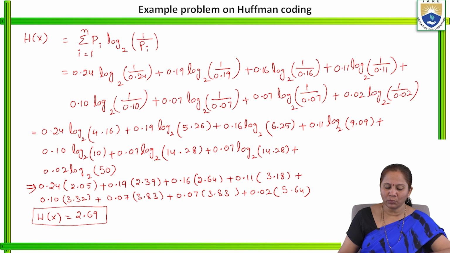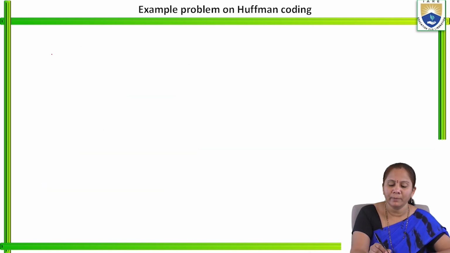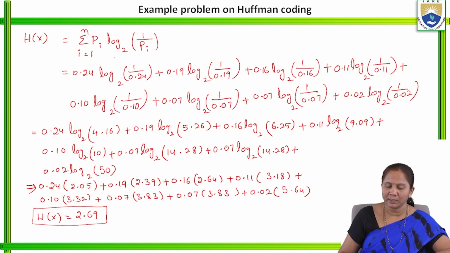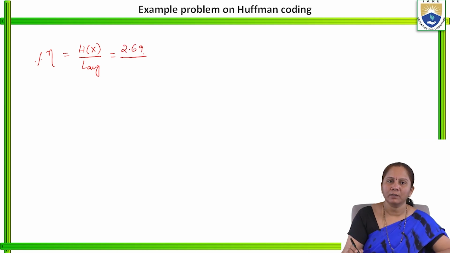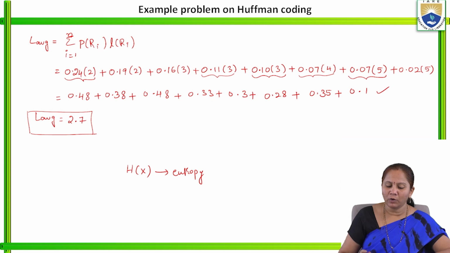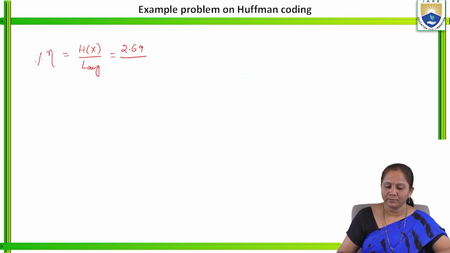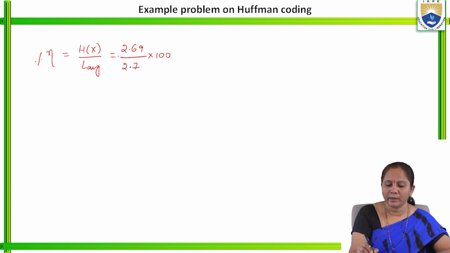Using these two we have to find efficiency. The efficiency formula is the ratio of H of x by L average. Here we got H of x 2.69 by the value of L average, 2.7, into 100.